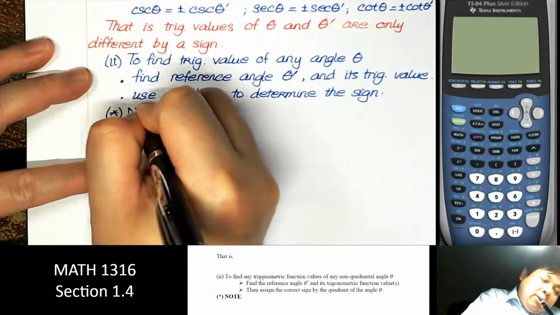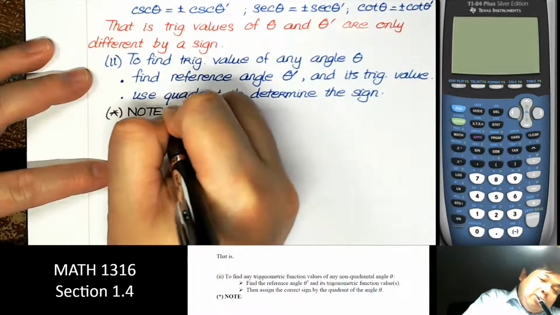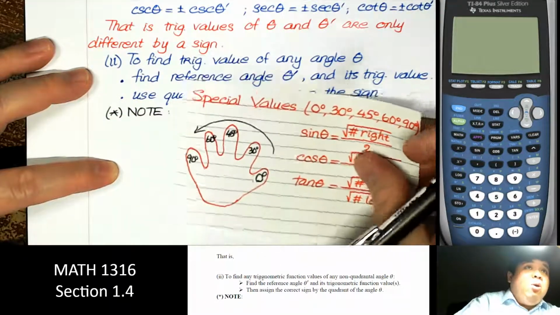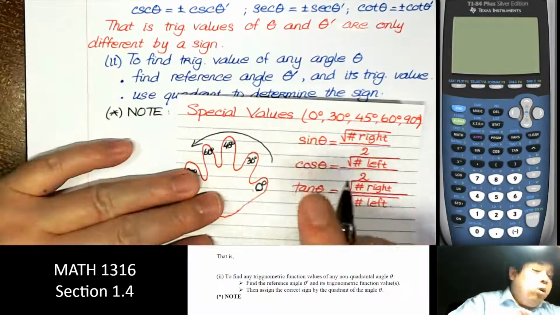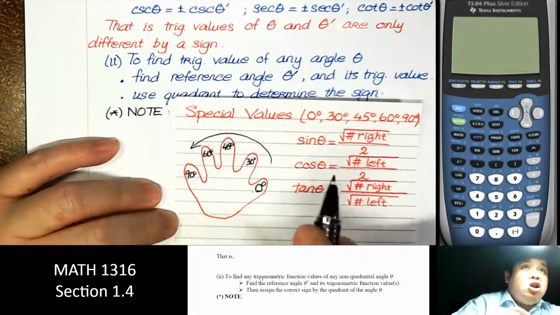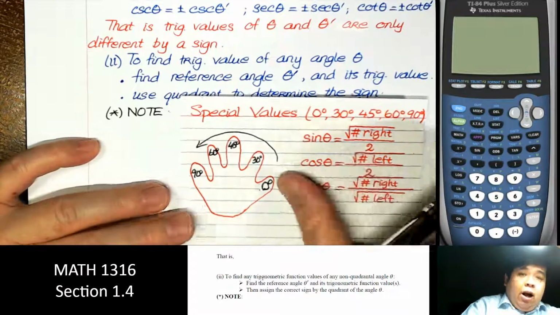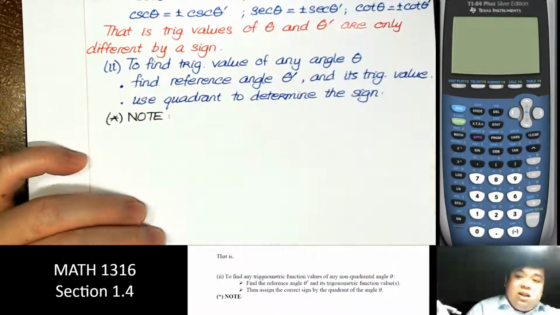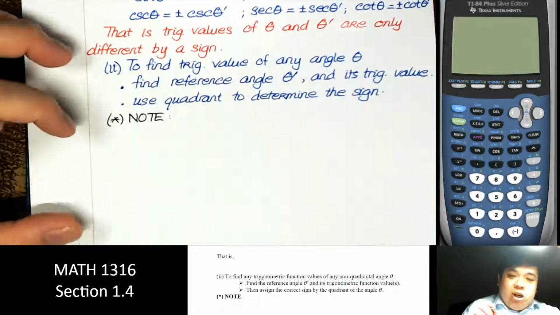Here's the thing though. Again, we only know the values of 0, 30, 45, 60, and 90 degrees. Those are the special values. If it's not any of these or any combination, it will be this. Right.